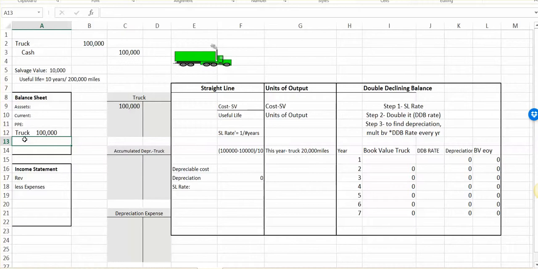The problem with that is that even though assets make you look good, you own things, so the bank knows that you have some net worth. But in reality, owning a truck, especially a delivery truck, is part of the cost of doing business. And if you remember from the first 2 weeks of school, I wrote up on the board the definition of assets, liabilities, owner's equity, revenues, and expenses.